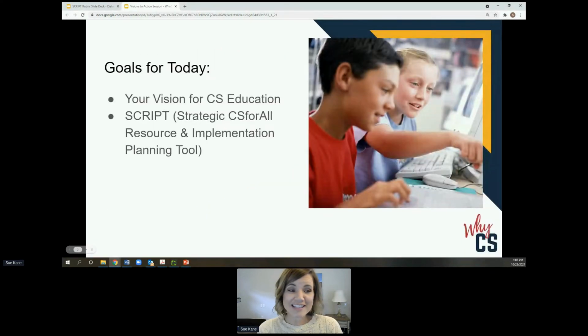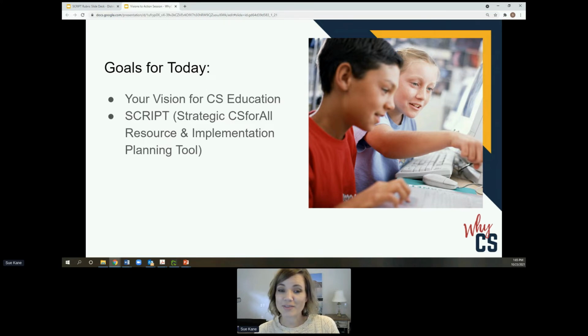So my goals for today are twofold, actually. I'm going to start with a part of the workshop that we would do as a SCRIPT workshop with your school district. We would begin with: what's your vision for equitable CS education? It's been a theme for our summit yesterday and today to help you bring that vision out and help you put language to it.